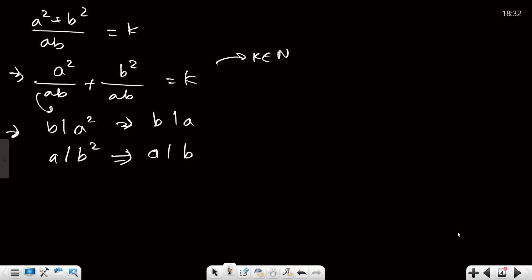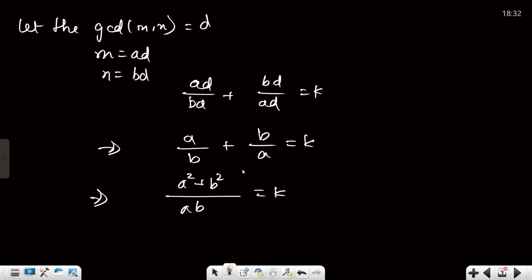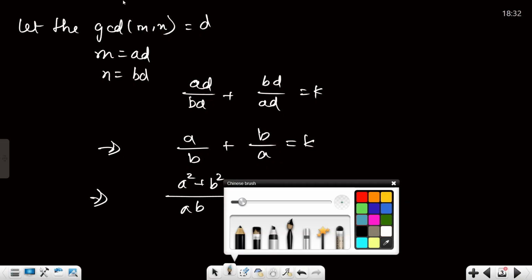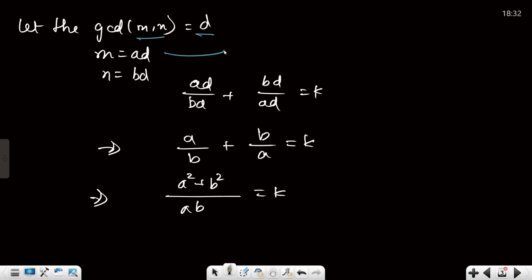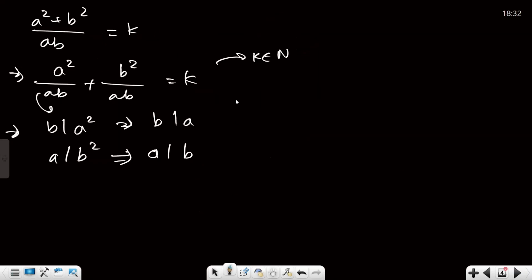That's great, but we know that the GCD of m and n was d. So since d was the GCD, a and b must be co-prime. But if they're dividing each other, that means that a and b are both equal to 1. That's the only way they can divide each other. So a is equal to 1 is equal to b.